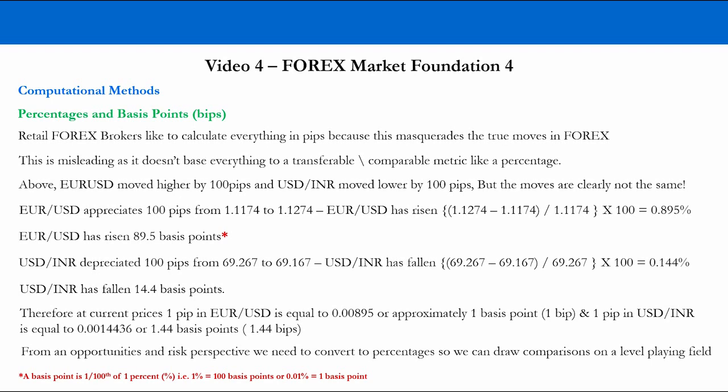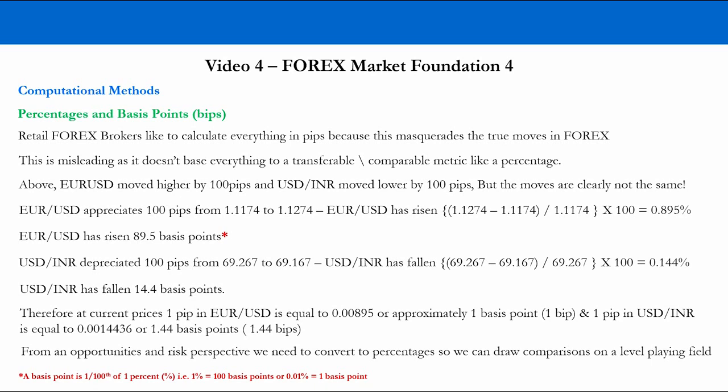If the euro dollar appreciates 100 pips in the example above, 100 pips in this example is actually equivalent to 0.895%. So if we work it out in percentage terms, we take 1.1274 minus 1.1174, divided by 1.1174, and then multiply by 100, we get the percentage move in the currency pair.